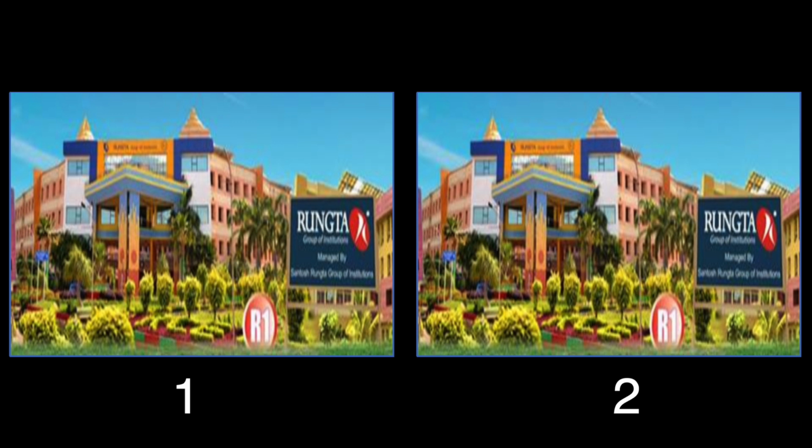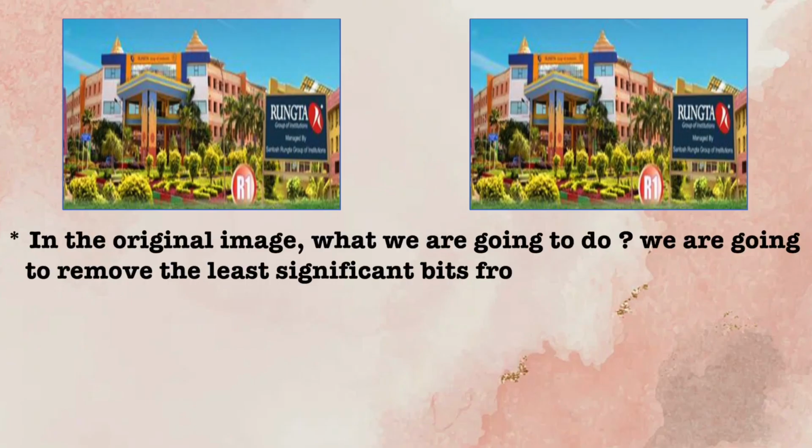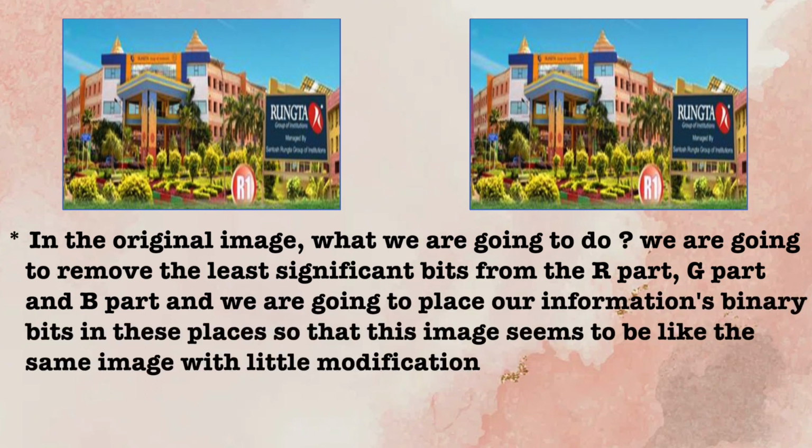You know why? In the original image, what are we going to do? We are going to remove the least significant bit from the R part, G part and B part, and we are going to place our information's binary bits in these places, so that this image seems to be the same image with little modifications.